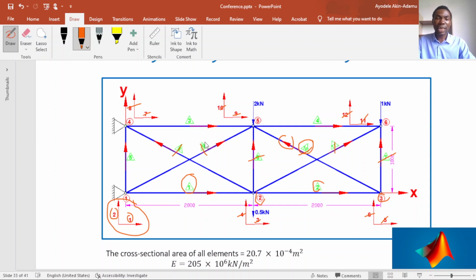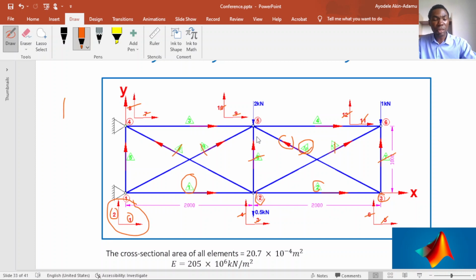So you define the direction for each of the elements. It is the last thing you need to do when defining your finite element model for a truss system. So this is what you need to do when you are defining your finite element model for a truss system.